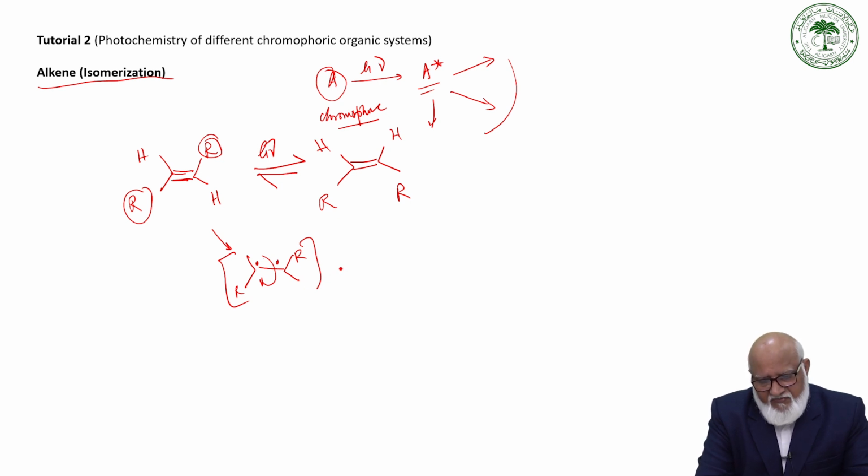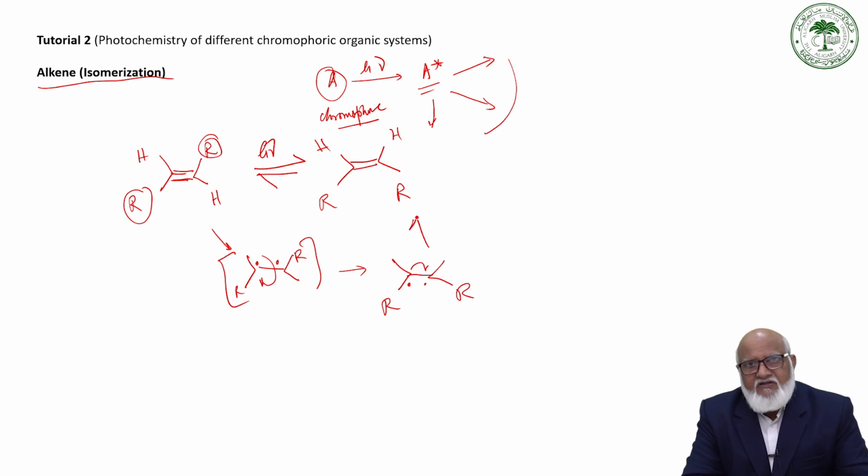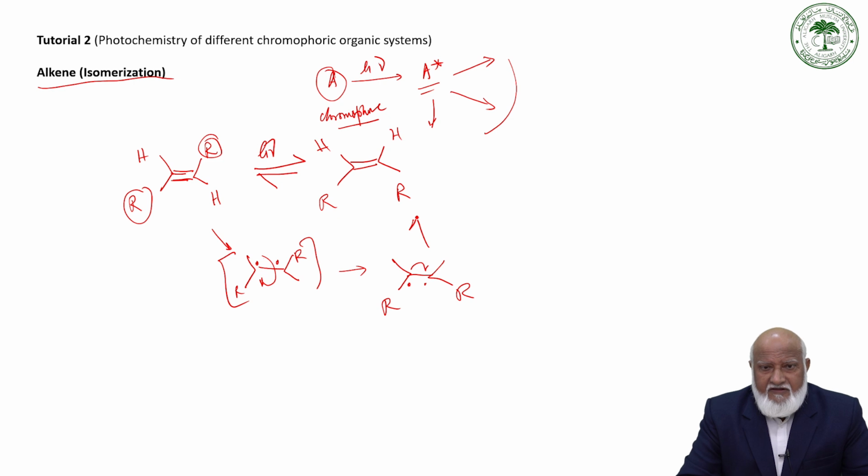The molecule can go to a cis orientation, and when these two radicals combine together, this leads to the cis isomer. So the mechanism or steps involved are extremely simple, and the most important aspect here is the reversible reaction.